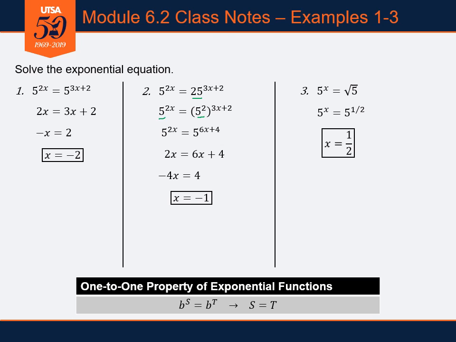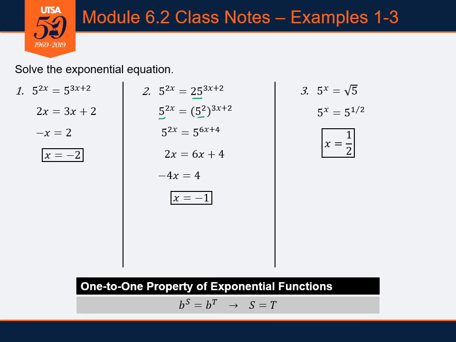All 3 of these examples are examples where either you have the same base on both sides of the equation, or you can manipulate it to get the same base on both sides of the equation. So if you're looking at an exponential equation where both sides of the equation are or can be written as powers of the same base, then do so.